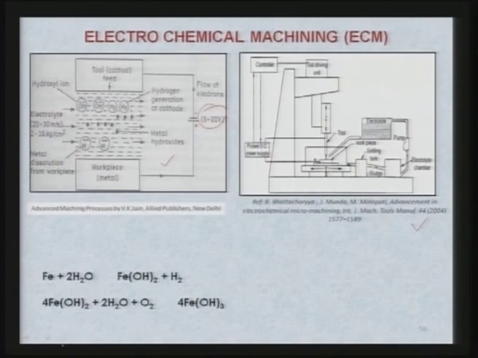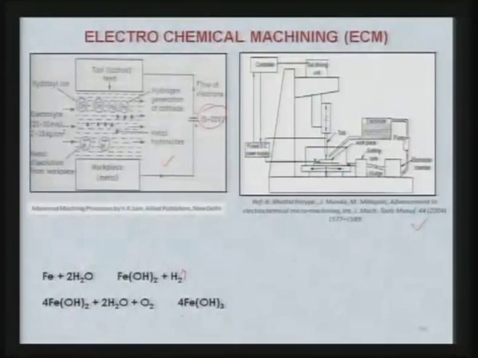Now, these are the basic reactions that take place when dissolution of the anode, that is the workpiece, takes place. You get ferrous hydroxide plus hydrogen as gas, and in some cases in place of ferrous hydroxide you also get ferric hydroxide depending upon the machining conditions.